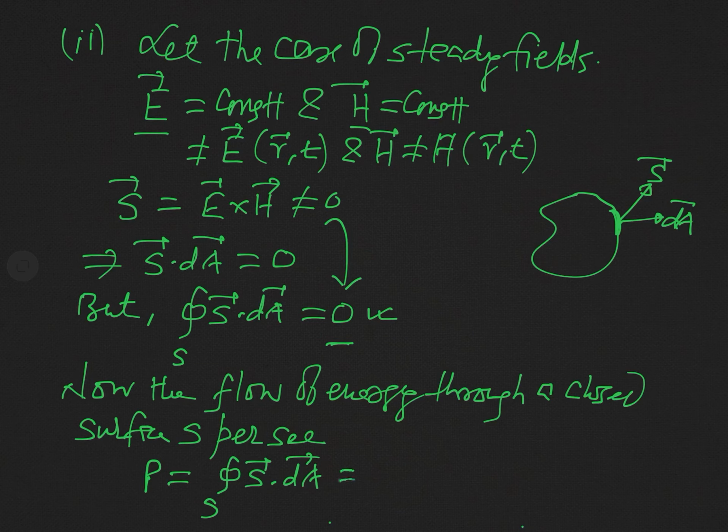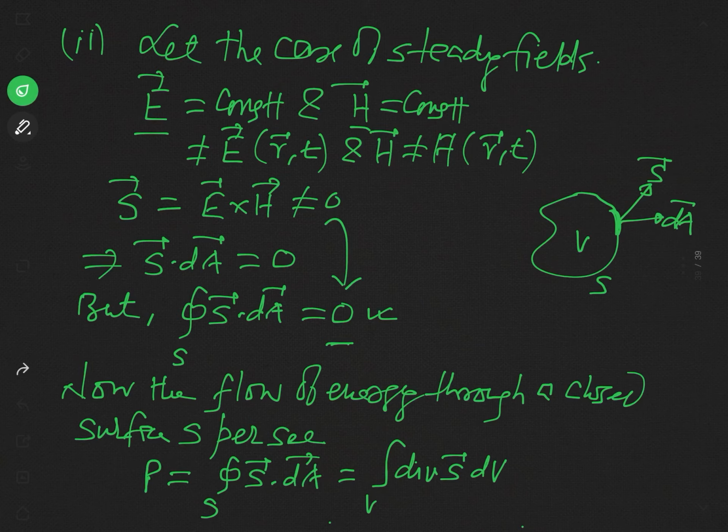And when we say this is S dot dA, let us apply here Gauss's divergence theorem. We can change this normal surface integral into a volume integral. Let us suppose this closed surface S encloses a volume V. So in accordance with Gauss's divergence theorem, this surface integral will be equal to the integral over V of divergence of S dV.